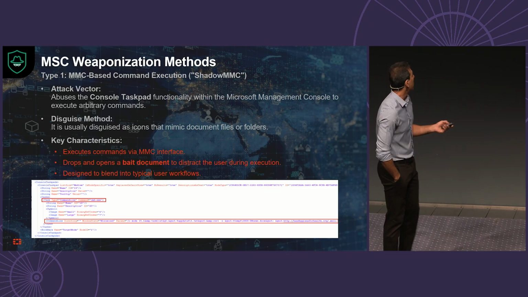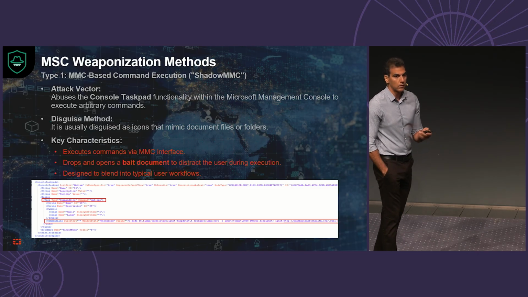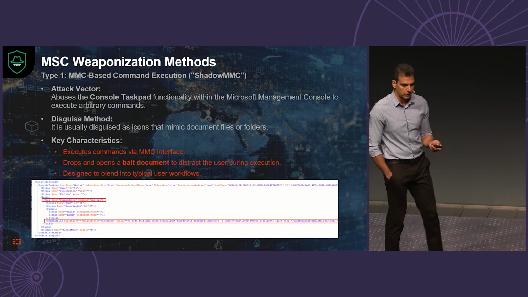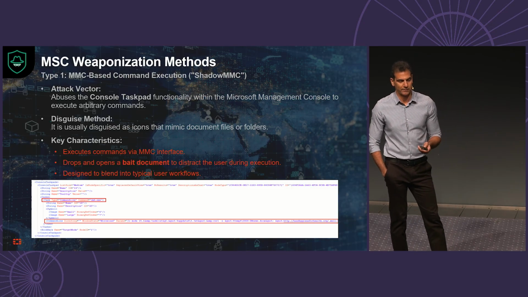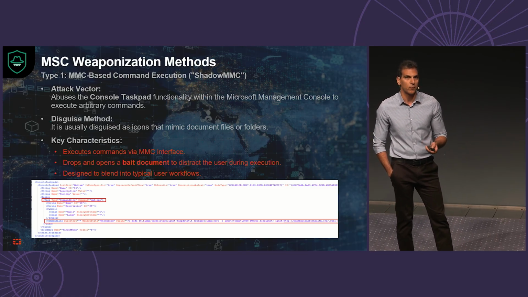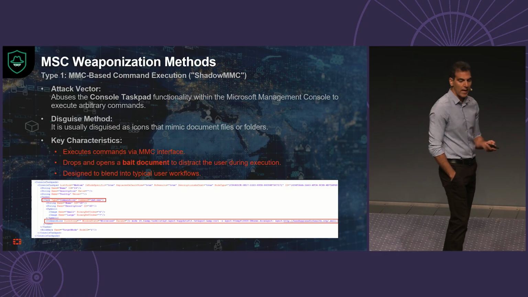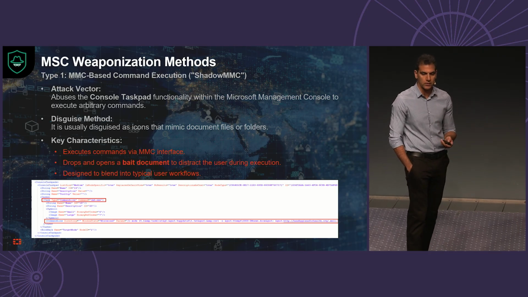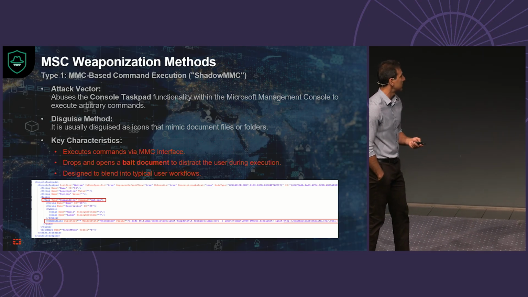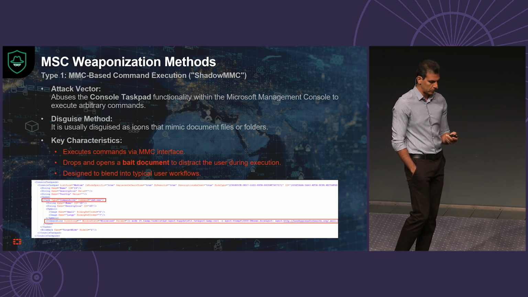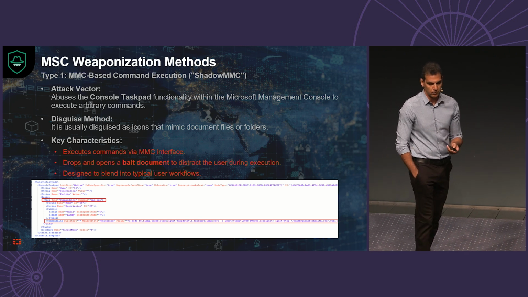So when a user clicks the MSC file, the command is executed in the background. Usually, they open a decoy file to distract the user and add legitimacy to the operation. This method is pretty simple to detect because it spawns PowerShell, and that is something detection mechanisms look for.